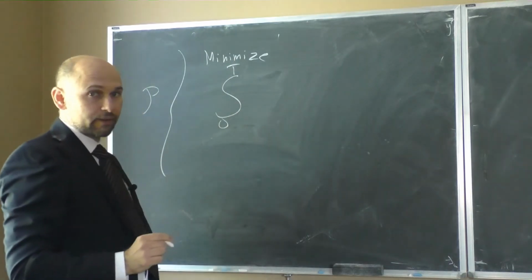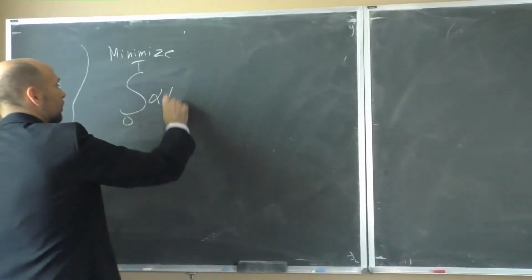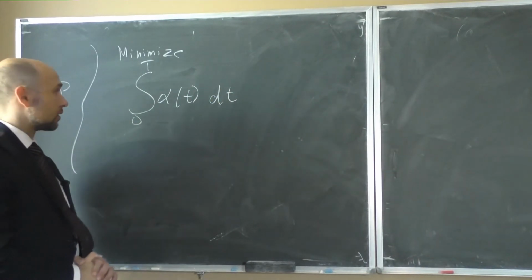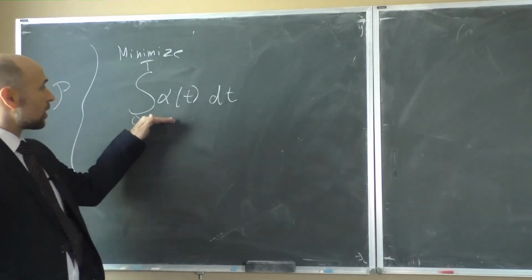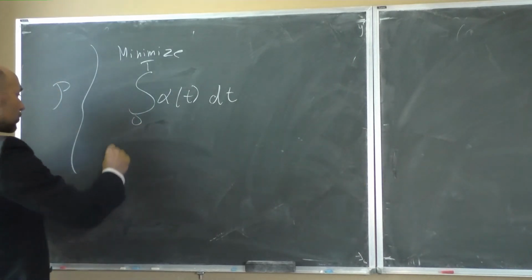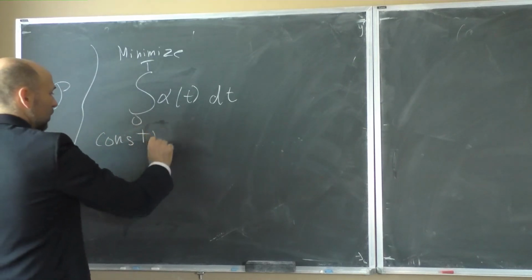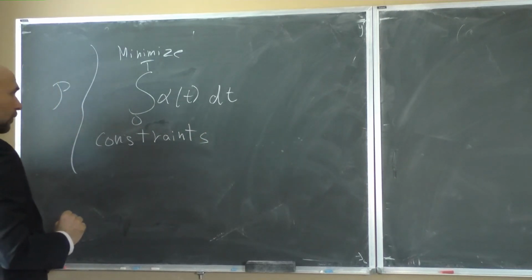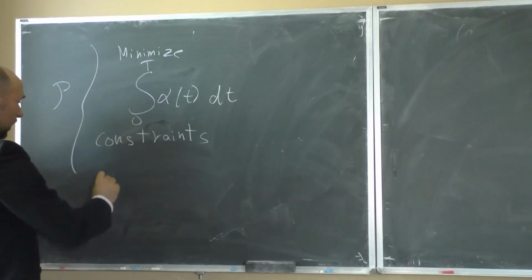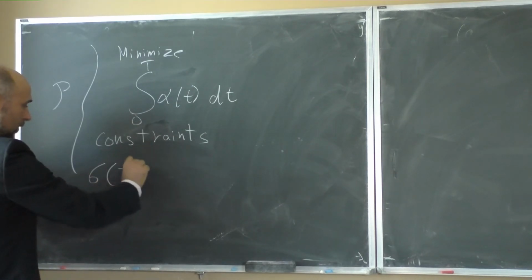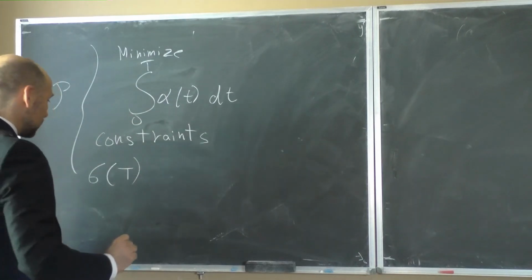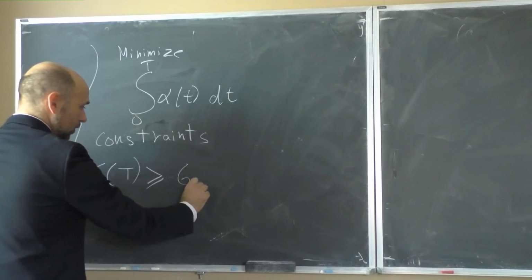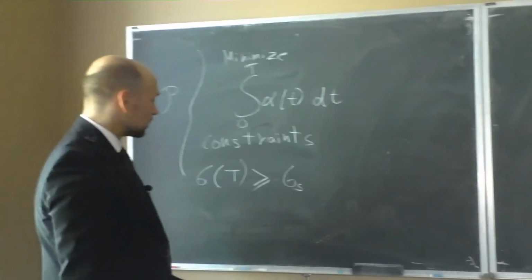We want to find a function alpha which is positive and minimize this quantity, but under the constraints that my sigma at the final time capital T is greater than my constant sigma s.